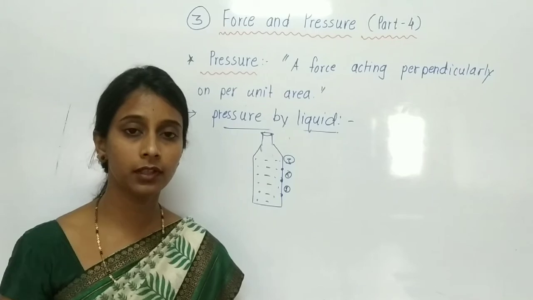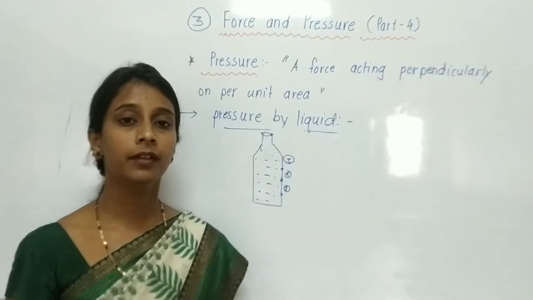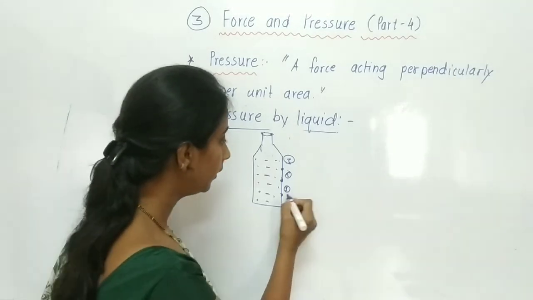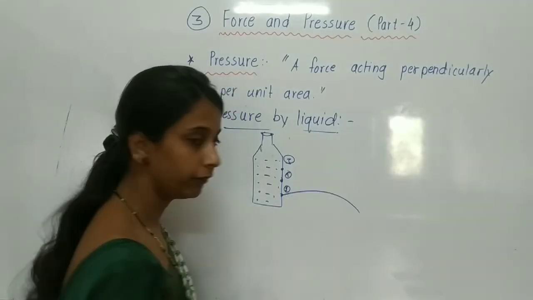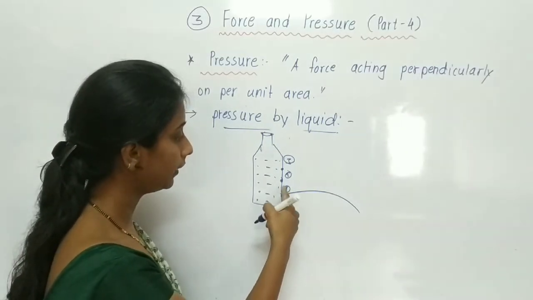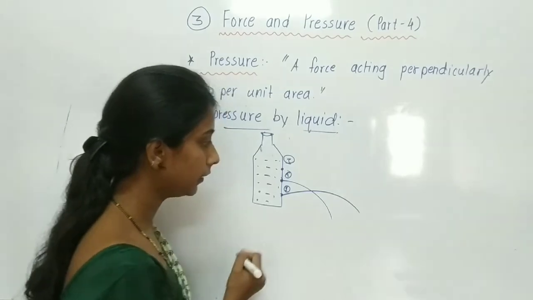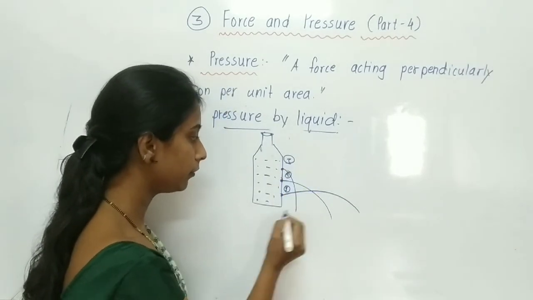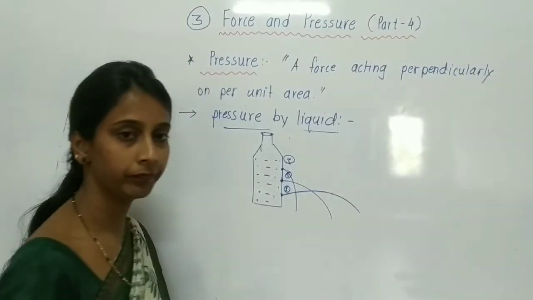If we make 3 holes in a bottle filled with water, then we can see the water coming out from hole number 1 falls here, the water from hole 2 falls here, and water from hole number 3 will fall here.